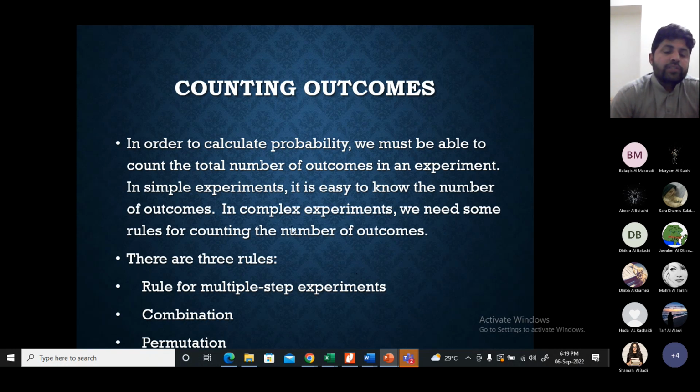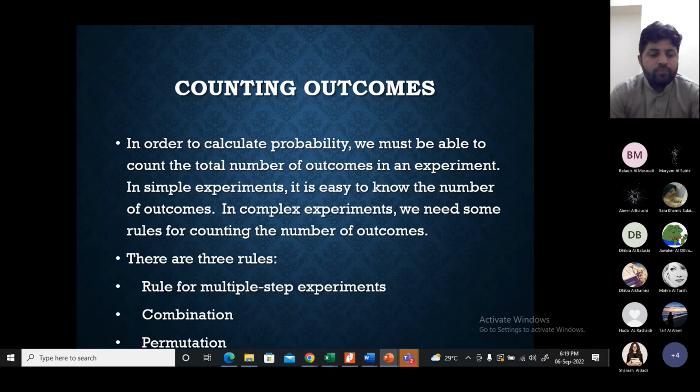Counting rule is important because it will provide you the total number of experimental outcomes, if your experiment involves steps in it.